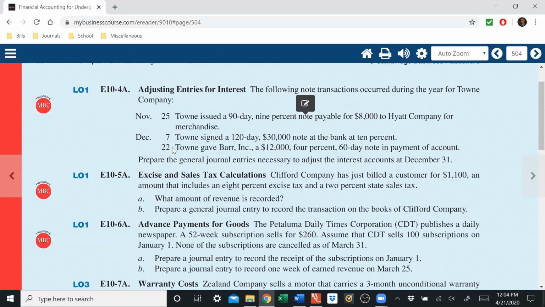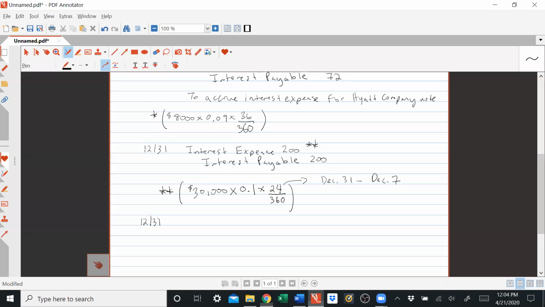So on February 22nd, we'll pay them back the $12,000 plus the interest we owe them. 9 days later, the end of the accounting period comes, time to make adjusting entries. So December 31st, we have to recognize interest expense on this note. Interest expense for 9 days.